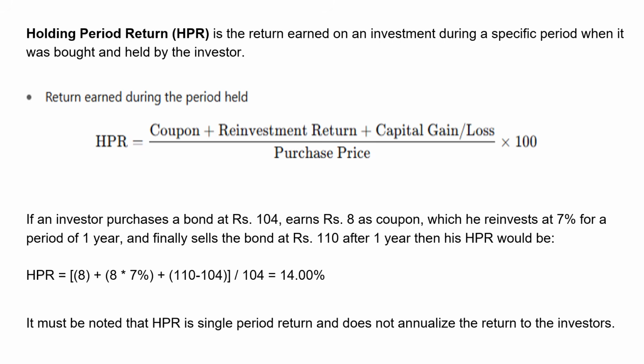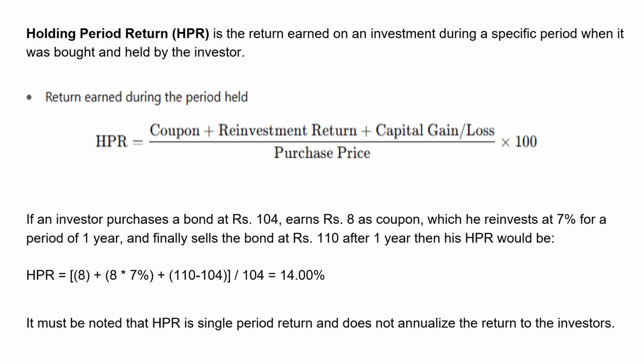I have put in a bond of 104 rupees, and at the end of 1 year I got, let's say, interest of 8 rupees, which I am again reinvesting at 7% for 1 year. Then I'm selling this bond for 110 rupees, and after 1 year I just want to calculate how much HPR I got.